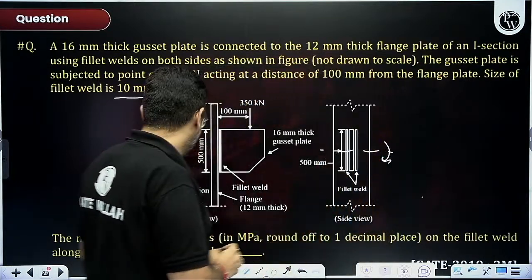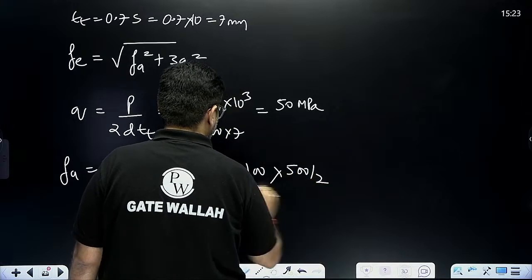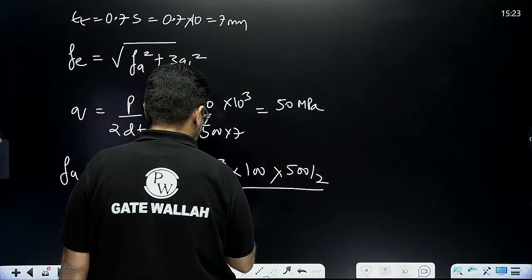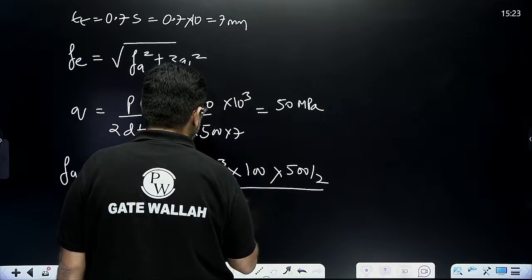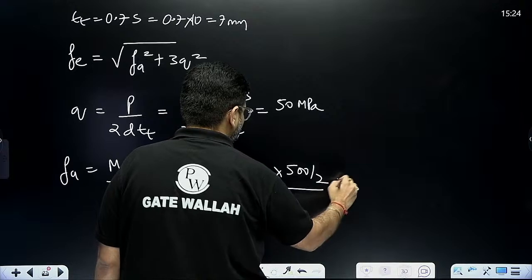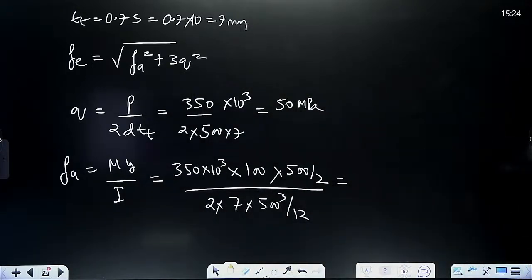So Y will be d by 2, that is 500 by 2. I is 2 into Tt, that is 7 into d cube by 12. So what is the bending stress you are getting here? That is 60 MPa.